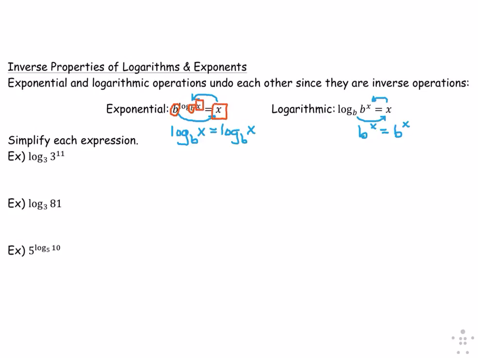The reason why that works, circle, circle, square, is because if I were to change this to logarithmic form, the base gets subscripted, so the log base b, go to the other side to get the input of x, is equal to the exponent. You can see by a new property of equality that if you have one log on each side of the equation with the same base, then their inputs must be equal. And x certainly equals x.